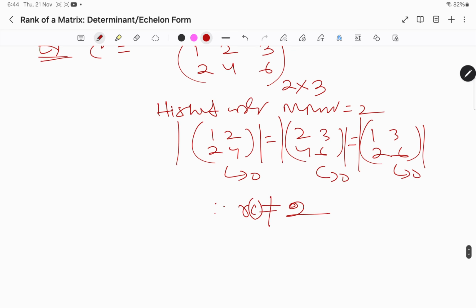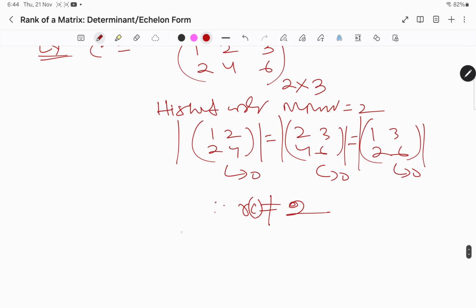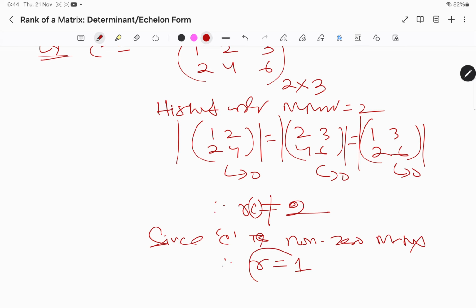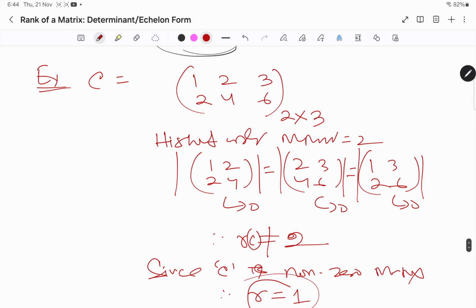However, since C is a non-zero matrix, the minimum rank is 1, therefore the rank is 1 here. Okay, so we can conclude here.